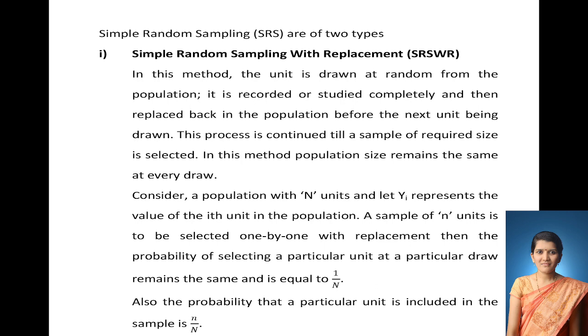Consider a population with capital N units and let yi represent the value of the ith unit in the population. A sample of small n units is to be selected one by one with replacement, then the probability of selecting a particular unit at a particular draw remains the same, which is equal to 1 by capital N, because each unit is selected and replaced back to the population, so the probability remains the same.